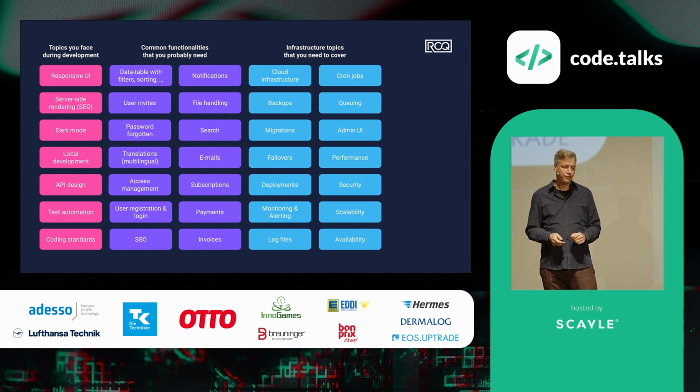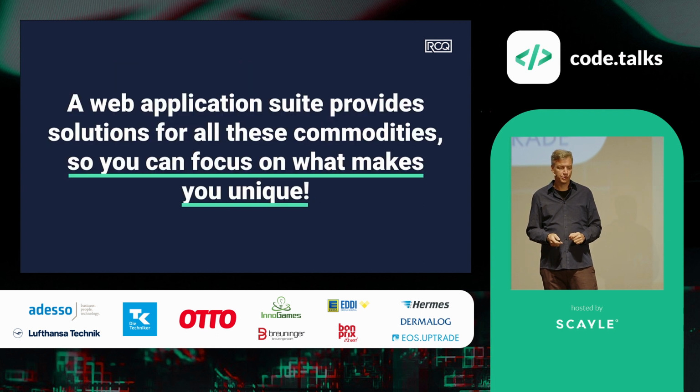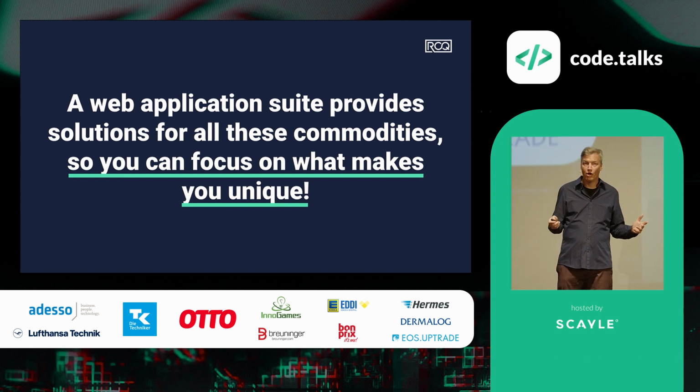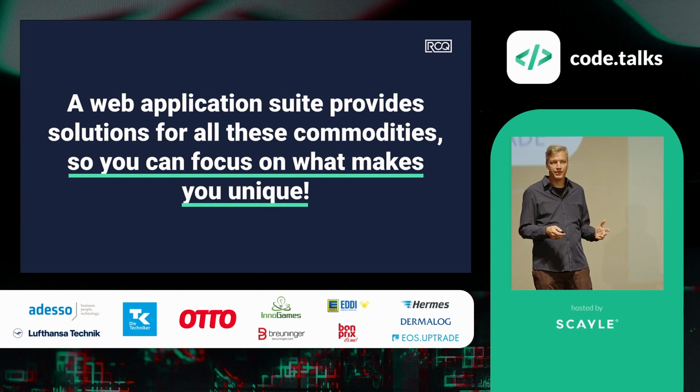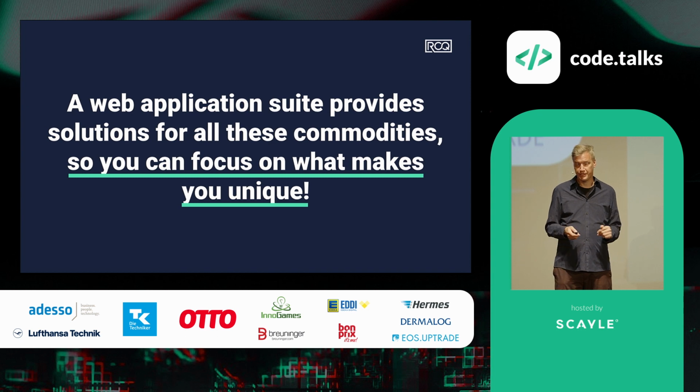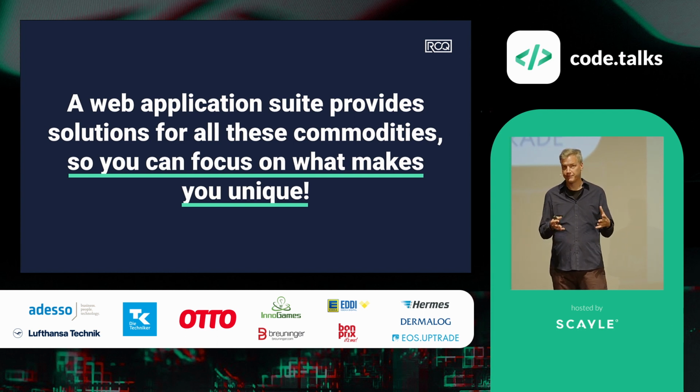And the idea of a web application suite is to give you an out-of-box solution that solves all the commodities. So all the commodities are working for you on the first day, so that you can focus your development time on what makes your application unique, on your own user stories. But you do not need to think about how to build a password forgotten feature, or file upload, or notification. This is a waste of your time.